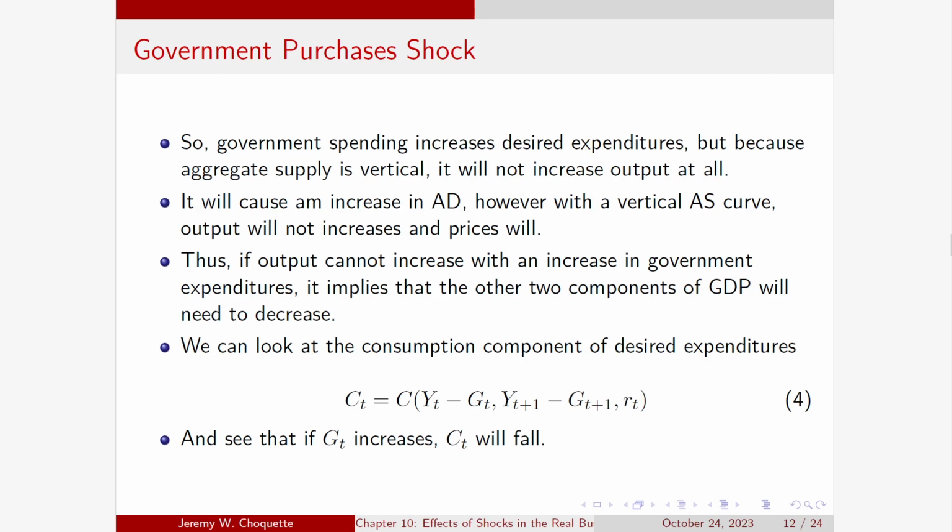So if you look at the consumption component of desired expenditures, if G increases, that means that consumption is going to have to fall. Why? Well, because of the minus G. So if G goes up, it's having a negative effect on consumption.